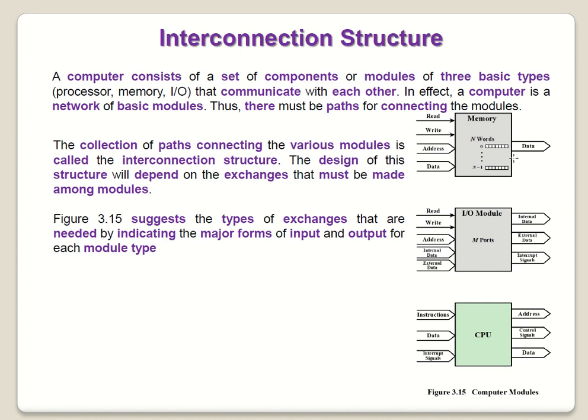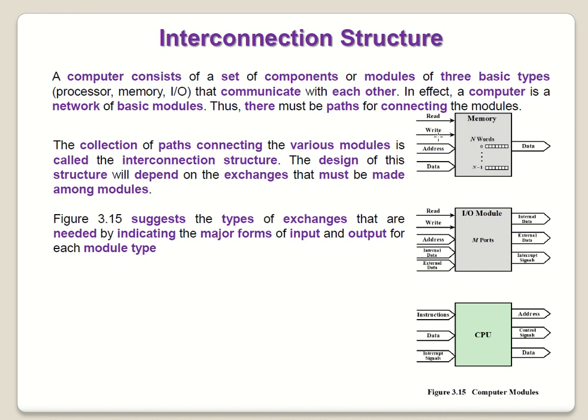Let's look into the memory. We may read data from memory or we may write data to the memory. Let's assume the CPU is trying to write something to memory. This is the control signal, the write signal.